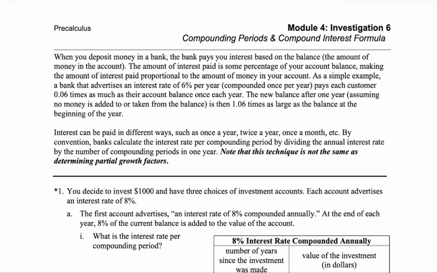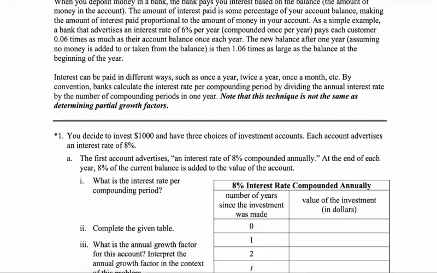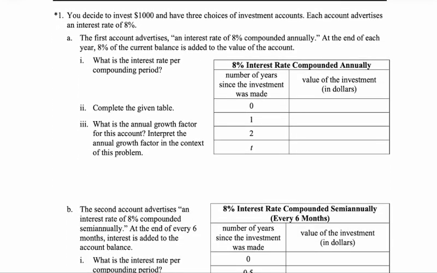And we will go over what that means. It's not quite the same as our growth factors, but it will look very similar as we go through the equation. So let's jump in and do an example.